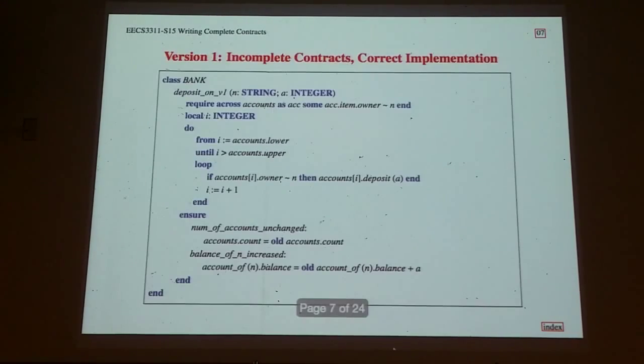Okay, so this is how we do the implementation for deposit on. We're going to use the same implementation here, and this is the correct implementation. You simply run through the accounts and find out if the current owner is equal to, for example, Steve, then we do the deposit. Otherwise, we skip. And then the contract simply says, since we are only trying to find an existing account and change it, the size of the accounts should not change, right?